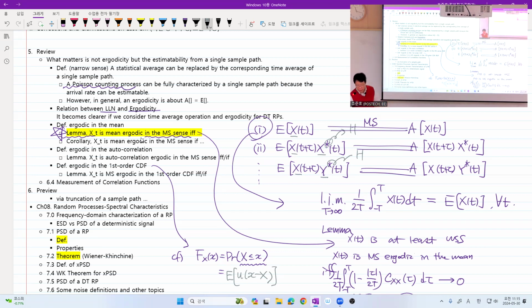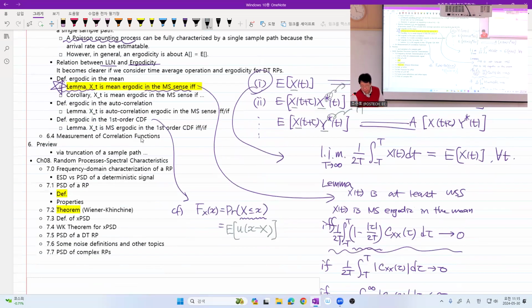Let's see why this is true. Every expectation is what? A summation or integration of the value times probability. So let me use just integration. Now, what is the value?